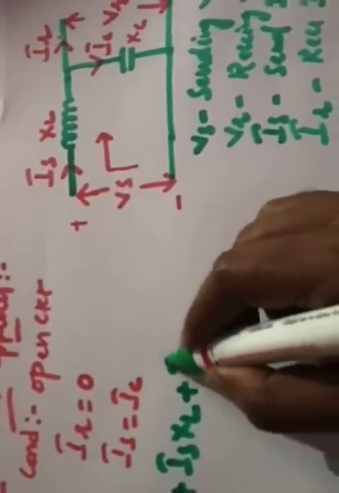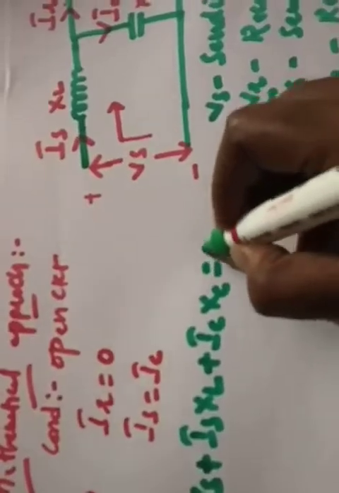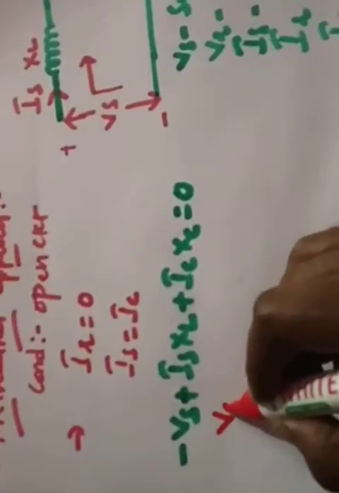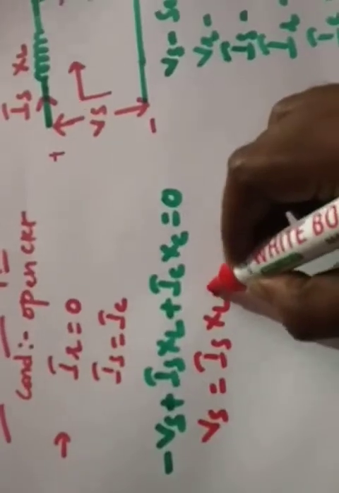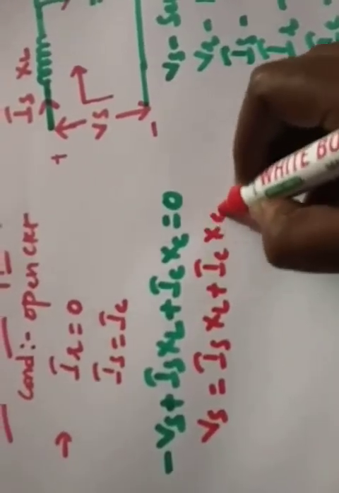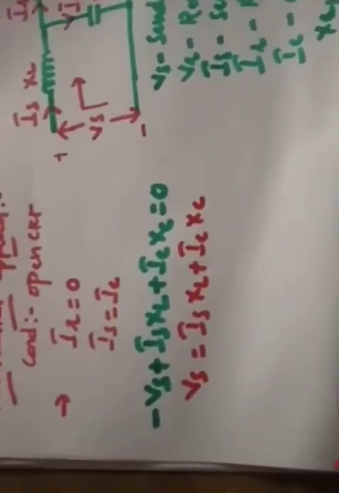IR into R. Plus IS into XL. And what about the voltage here? Plus IC into XC is equal to 0. This is the loop equation. So from this you will state that Vs is equal to IS XL plus IC XC. I hope it's clear.